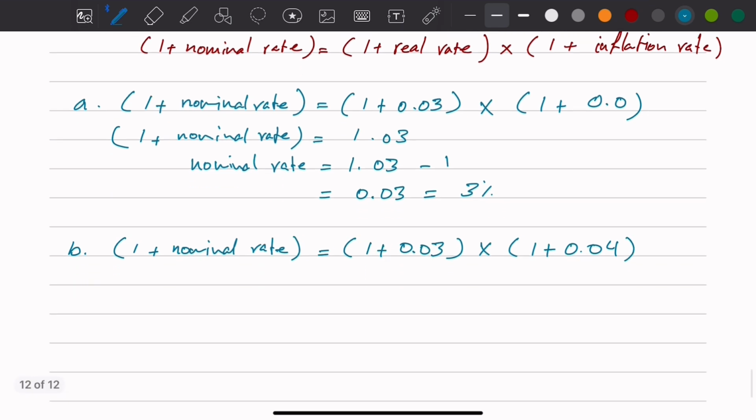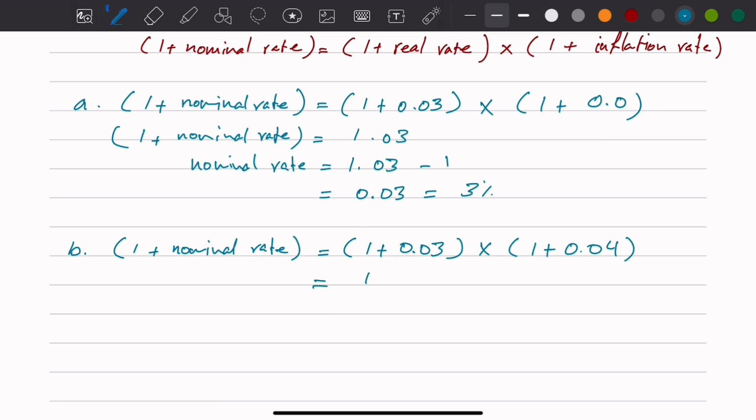Okay? Turn to our calculators, open a bracket, 1 plus 0.03, close the bracket, multiplied by 1 plus 0.04, and close the other bracket.